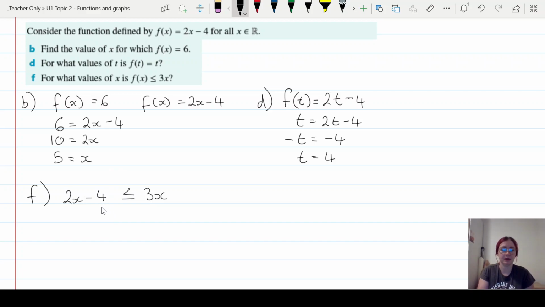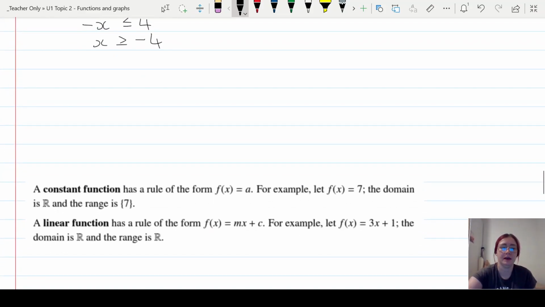So let's take the 4 across. So 2x is going to be less than or equal to 3x plus 4. Take that 3x across, so we're going to have negative x less than or equal to 4. And then remember, when we divide by negative 1, we flip the sign. So x is going to be greater than or equal to negative 4.